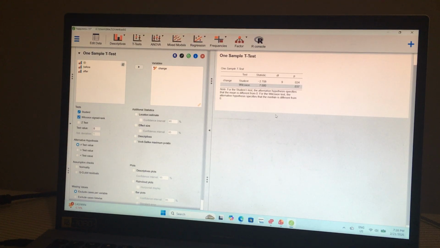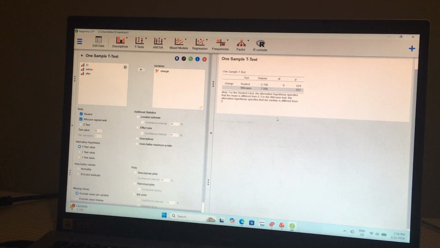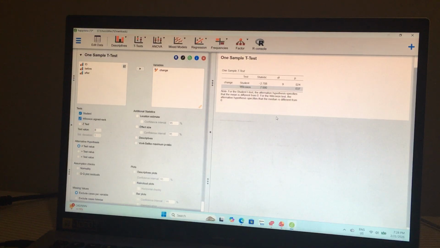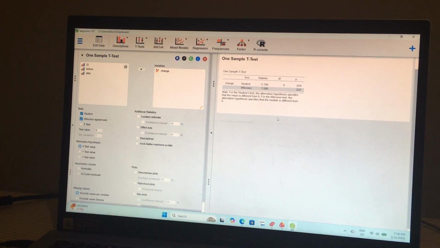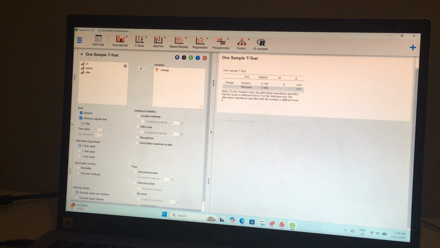Yes, we get the Wilcoxon big W statistic as 7.000, and then we can actually get our Z test as well.